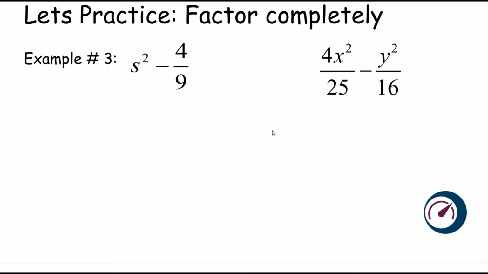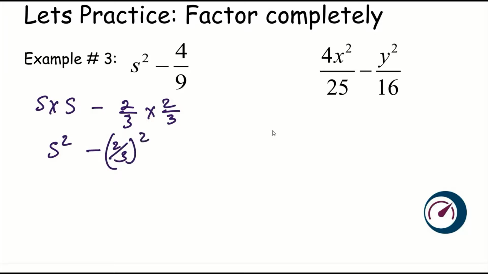So we know that s squared is s times s, minus, alright, the square root of 4 is 2 and the square root of 9 is 3. So we get 2 over 3 times 2 over 3. So it's the same thing as saying s squared minus (2/3) squared.